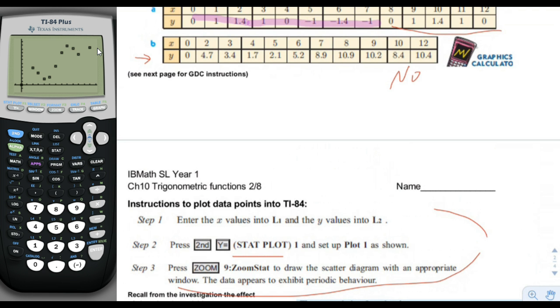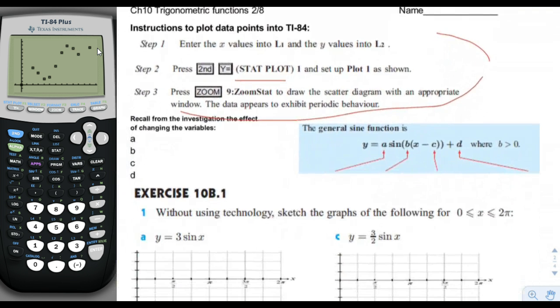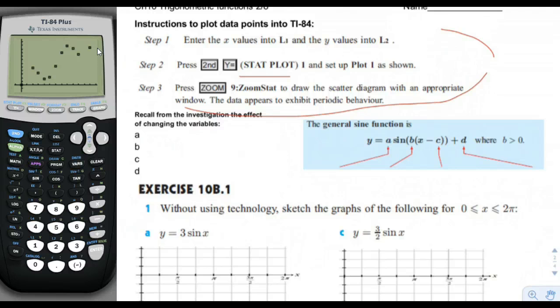Okay. All right. Recall from the investigation the effect of changing the variables a, b, c, d. From the investigation, we used sliders to change each of these variables, so we kind of know what each one does. A makes the amplitude bigger.